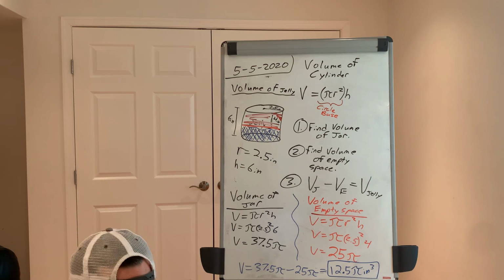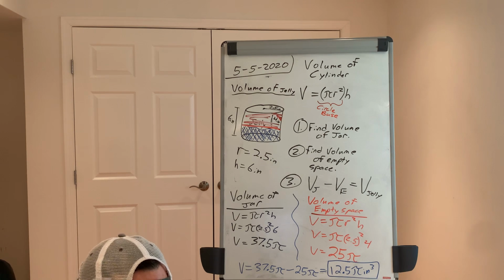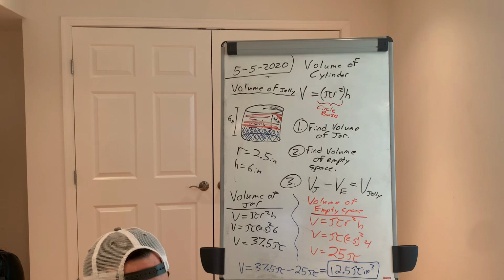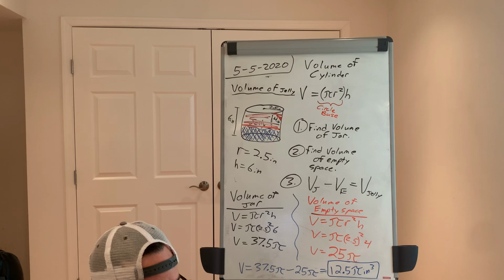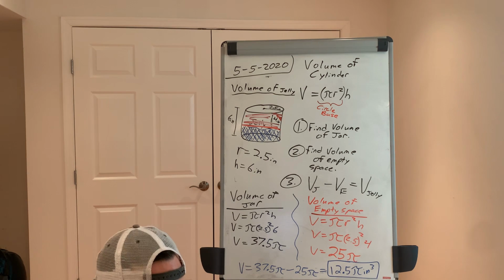Now notice what I did. Do you see how I did not cancel out these two pi's? They don't cancel because you're not subtracting the pi's. So if I did 10x minus 5x, what do you end up with? You end up with 5x. Or if I did 10x minus 2x, you'd end up with 8x. The x's don't cancel.